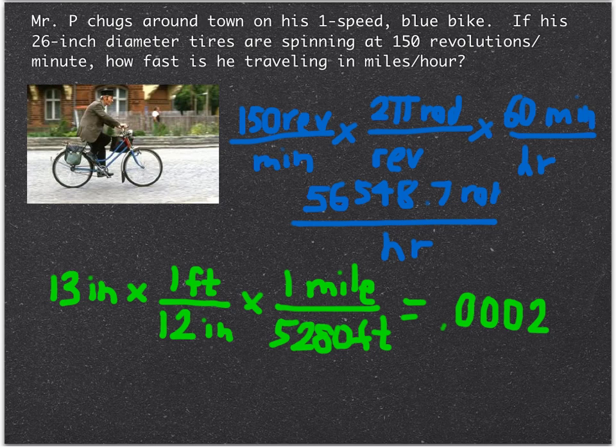And so now if I multiply my radius times my angular velocity, I should be able to get my miles per hour. So I have 0.0002 times that 56,548.7, and you can see that I am zipping along at a huge speed of about 11.3 miles per hour.